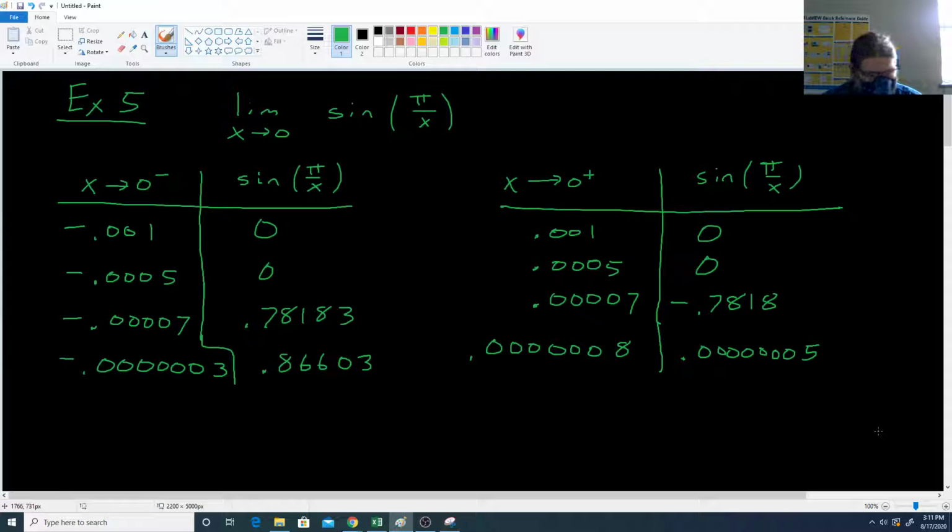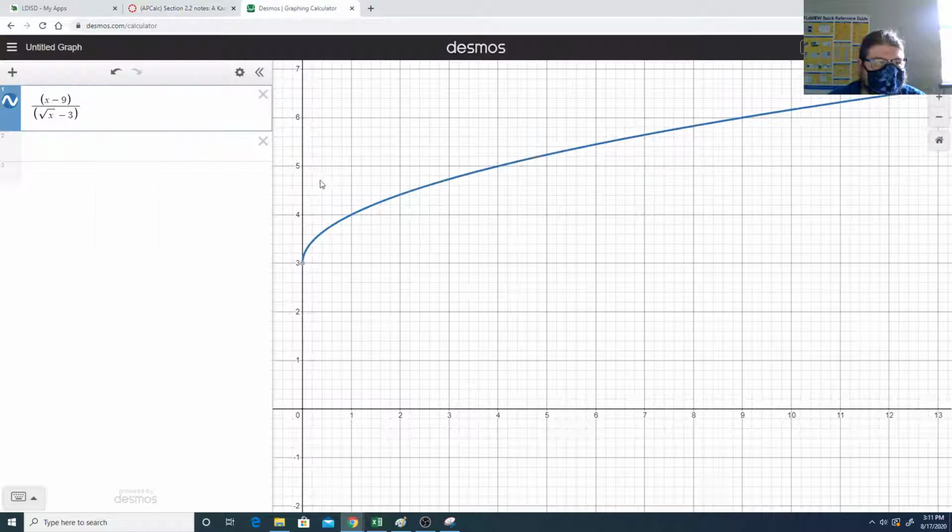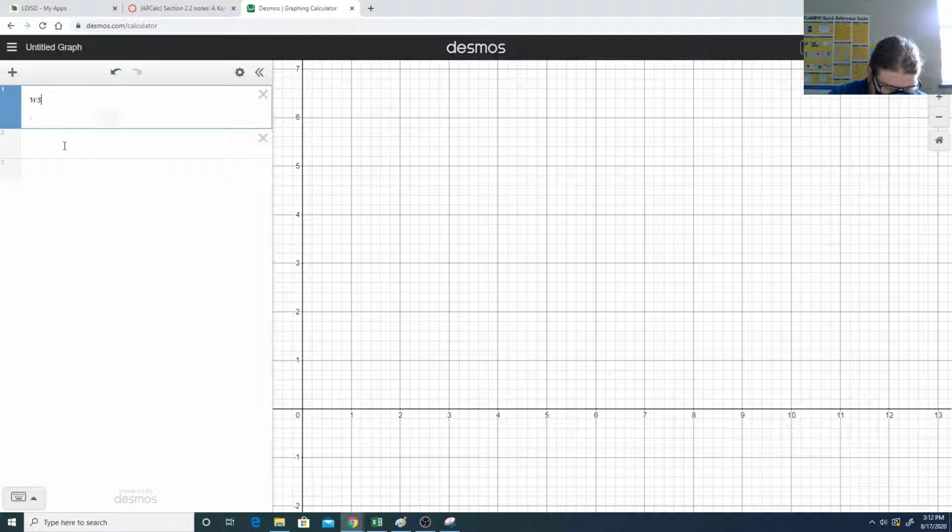Let's graphically see what's going on and see what's happening. So let me pull up Desmos. And we want sine of pi divided by x.